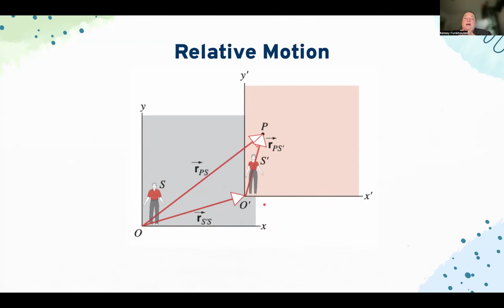And both of them are getting information about the position of this particle P. So the vector R subscript S prime S is the position of the origin of the S prime coordinate system from the S frame.